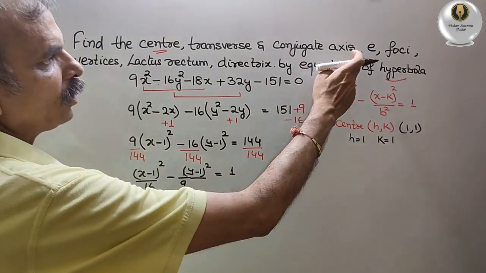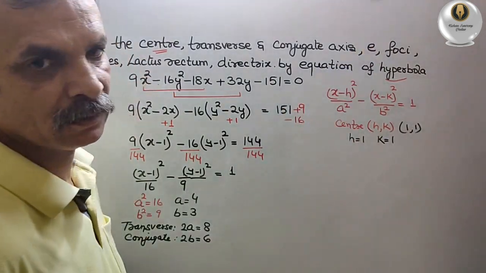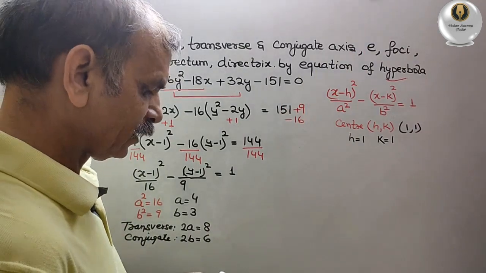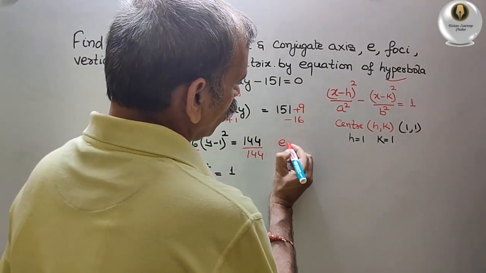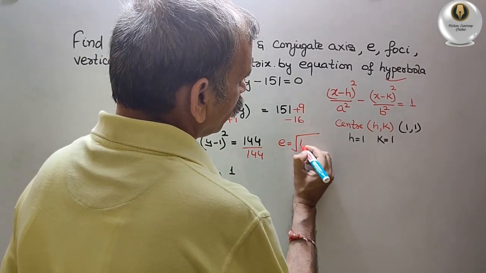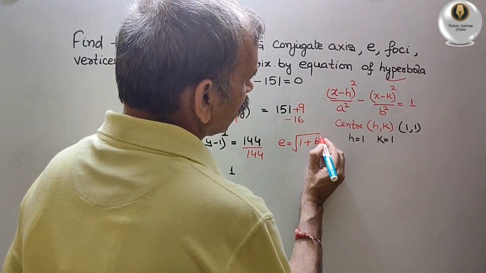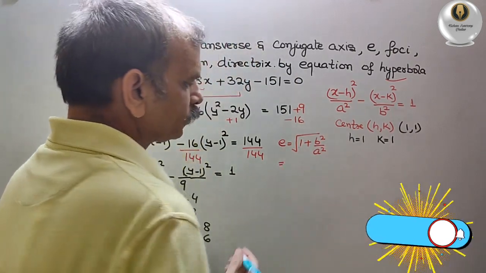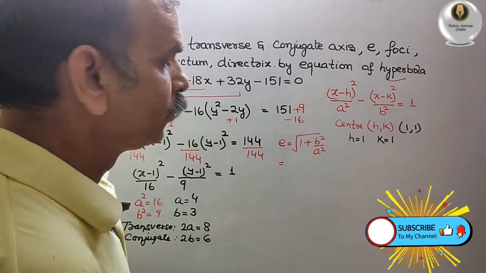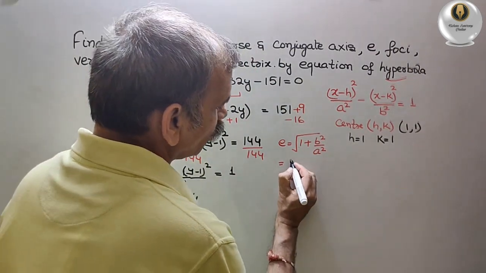Now comes to your eccentricity. What is that? So we can say eccentricity formula is what? Root under 1 plus b square by a square. Now put the values. So here if we put the values, what we will get?